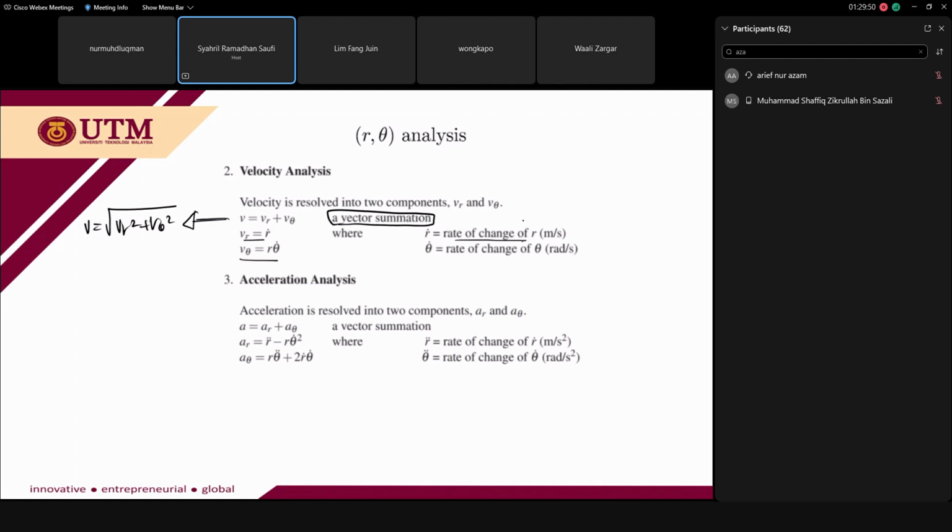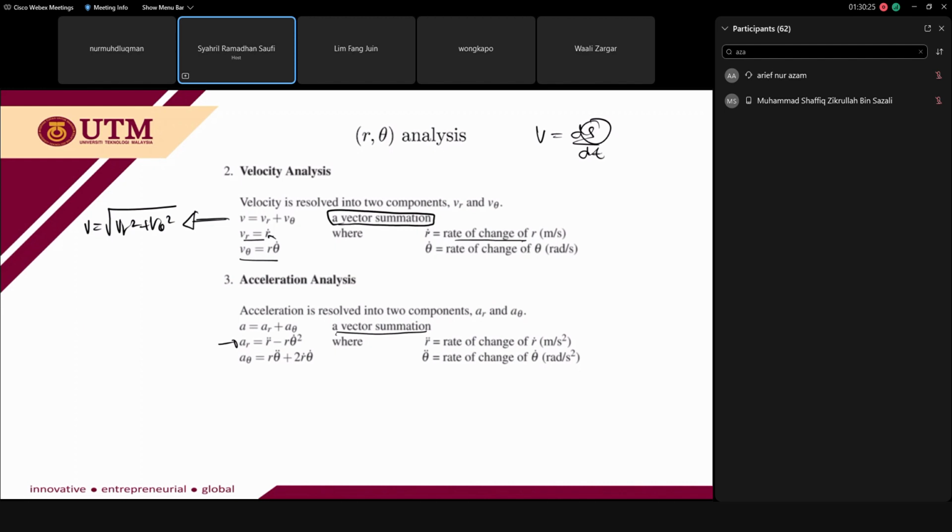Usually in rectilinear or in xy or in n-t, we know that V is equal to ds over dt, which is displacement. Here now the distance is R, so that's why the rate of change of R is dr over dt. V theta is equal to R theta dot. For the acceleration, it is still the same: Ar plus A theta vector summation. Ar is R double dot minus R theta dot squared.